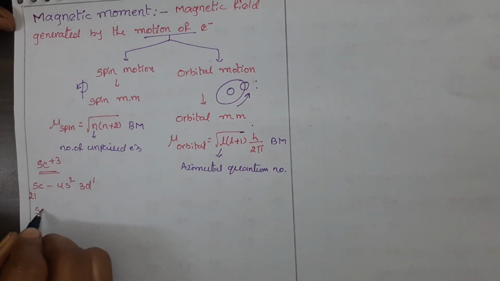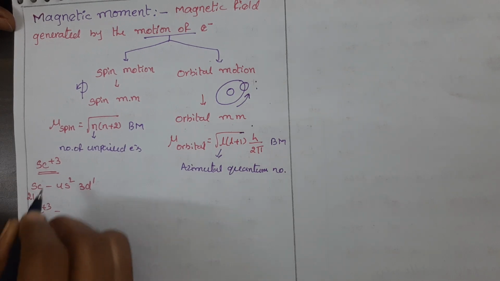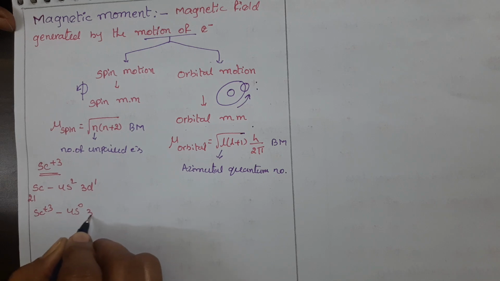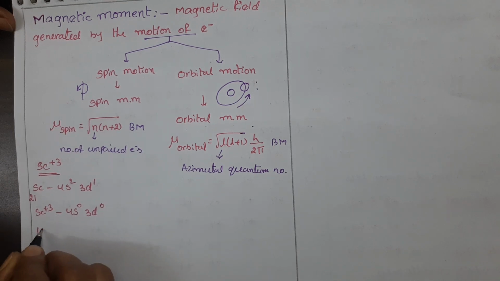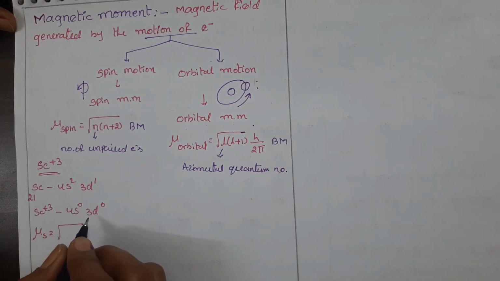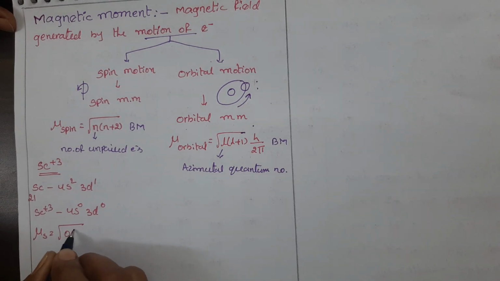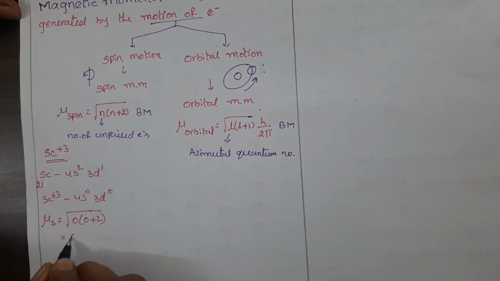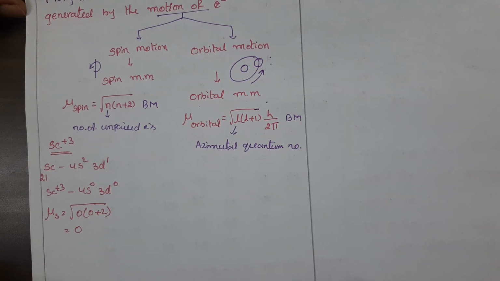Scandium plus 3 has already lost 3 electrons, so 4s is 0 and 3d is 0. So mu spin equals square root of n into n plus 2, and there are no unpaired electrons, so n is 0, giving 0 into 0 plus 2. The magnetic moment value is 0 for the scandium plus 3 ion.